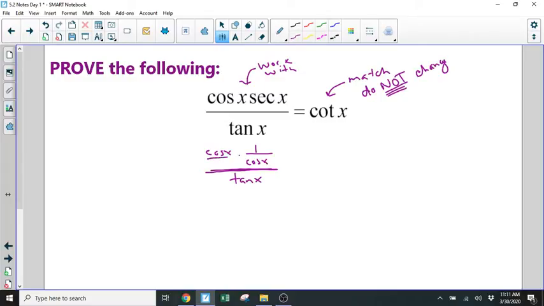Cosine over 1 times 1 over cosine, your cosines will cancel, will leave us just a 1. And because I didn't change the denominator, I can actually already see the identity for cotangent. 1 over tangent equals cotangent x, and as soon as it matches this side, which it does, we would be done. We have proved that cosine secant over tangent equals cotangent.